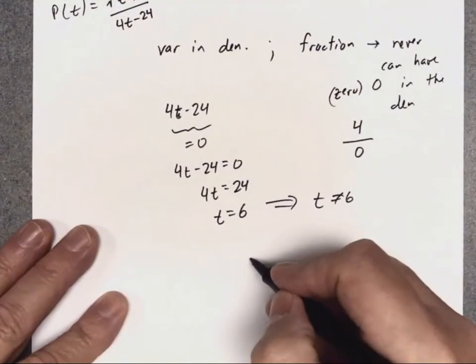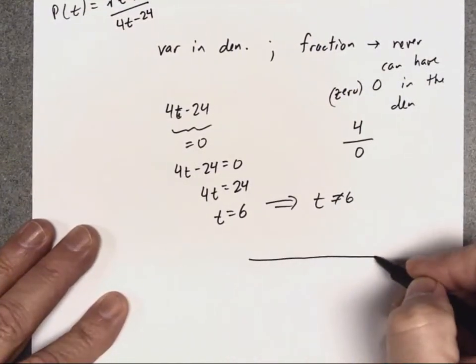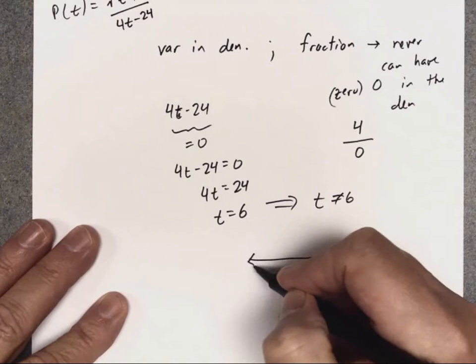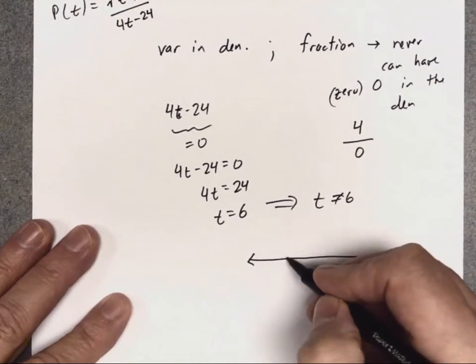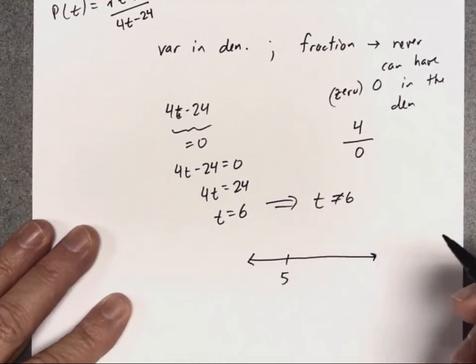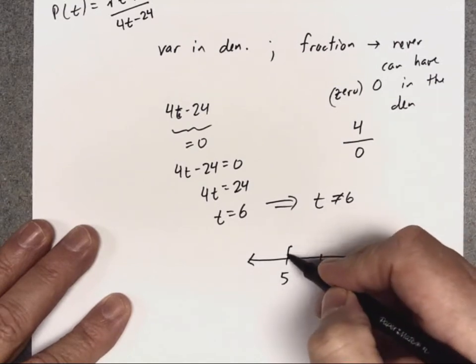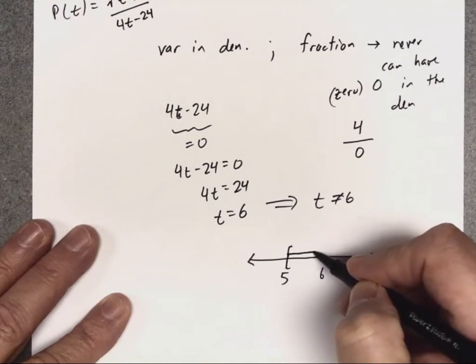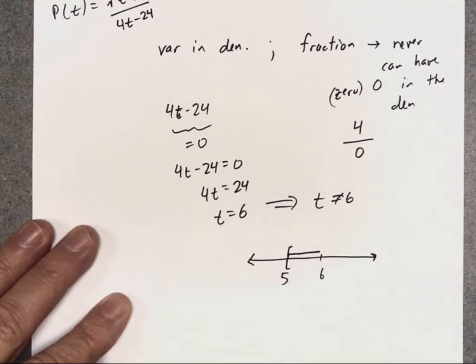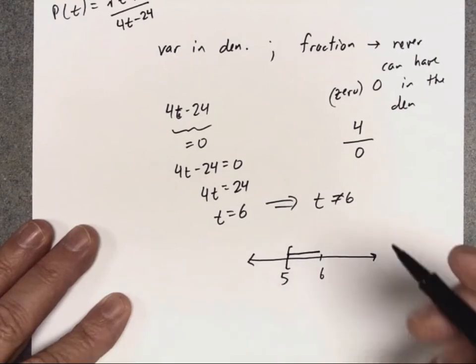In a sense, to make it clear, how about I redraw this graph? So here's 5. Here's 6. So what's my domain? My domain starts at 5, but what happens? When it gets up to 6, I cannot have 6. 6 is not part of the domain.